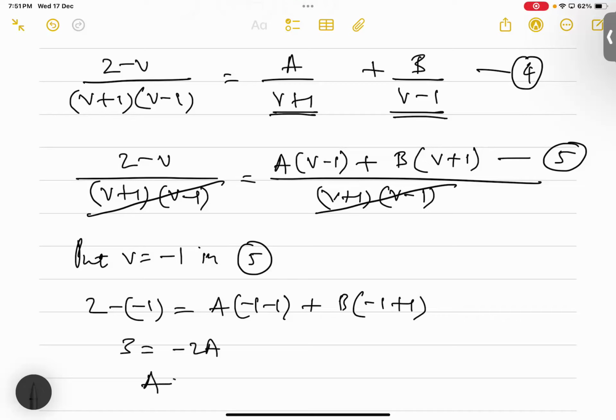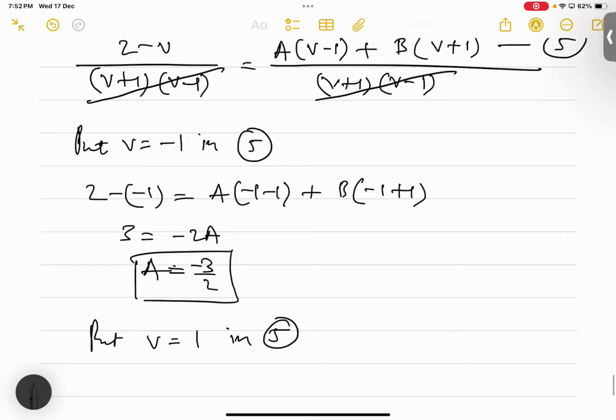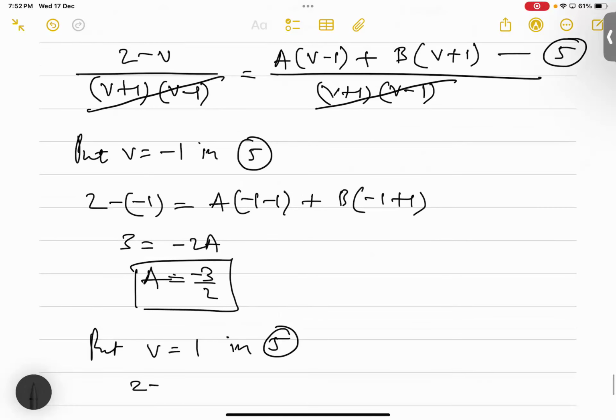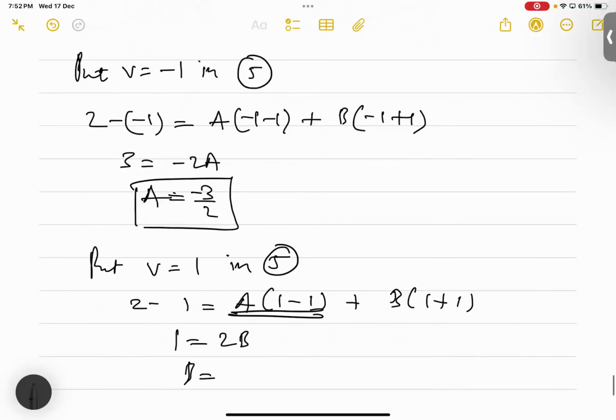Minus 2A. A is equal to minus 3 by 2. Put v equal to 1 in 5. 2 minus 1, A into 1 minus 1, B into 1 plus 1. This is 0 and this is 2B. B is equal to half.